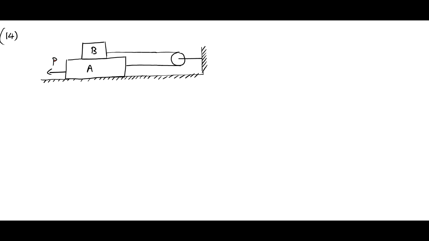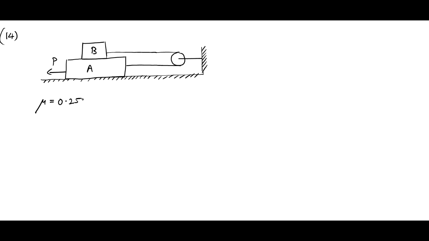What would be the minimum value of the horizontal force P to drag the block A towards the left? And mu has been given to be 0.25 for all sliding surfaces.